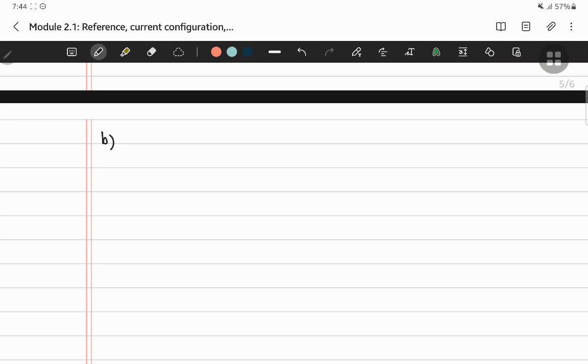So here, if I find the initial path, for example, x as a function of xj and t, then I will be able to calculate v with respect to t at xi fixed.